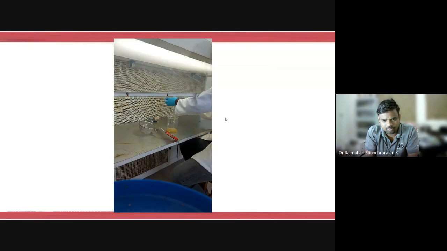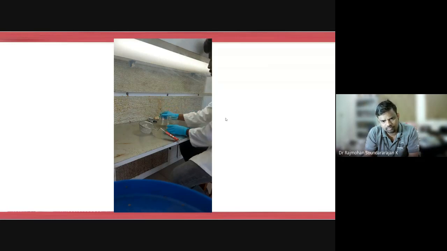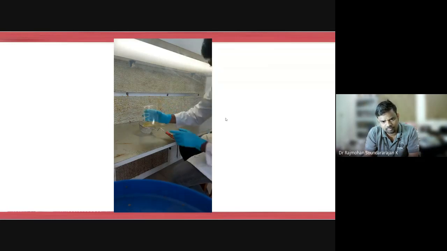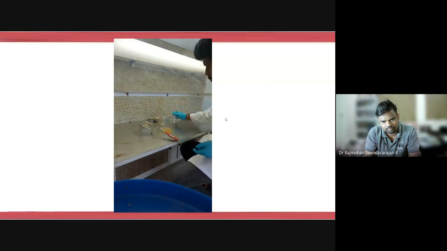The last drop, whatever was in the conical flask, is taken out and added into the beaker. Now I have filtered out this feed solution and separated this immobilized activated carbon.